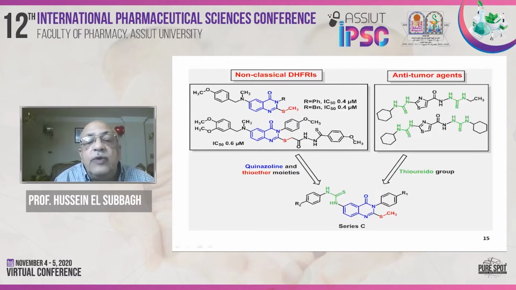And here we added a thiourido function. Now we have a combination of structural features of active anti-tumors and the structural features of active dihydrofolate reductase inhibitors.